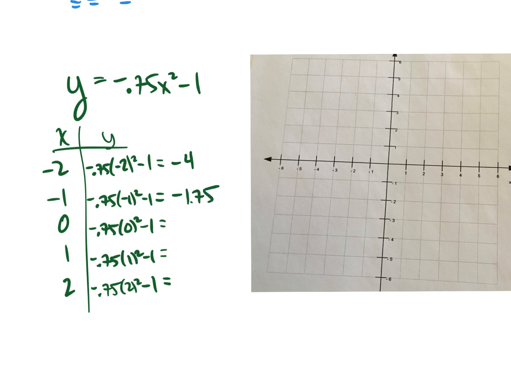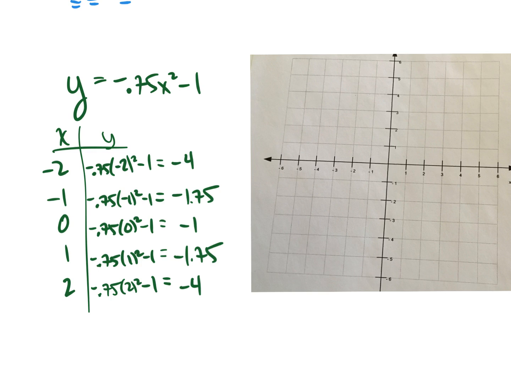We shouldn't need a calculator on the next one because 0 squared is 0. Negative 0.75 times 0 is 0. And 0 minus 1 is negative 1. Then negative 0.75 times 1 squared minus 1 is negative 1.75. And finally, negative 0.75 times 2 squared minus 1 is negative 4.